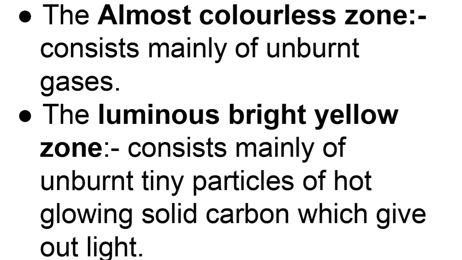This zone consists mainly of unburned tiny particles of hot glowing carbon, which gives out light. So the yellow color is as a result of the light produced by these unburned, glowing, solid carbon particles.